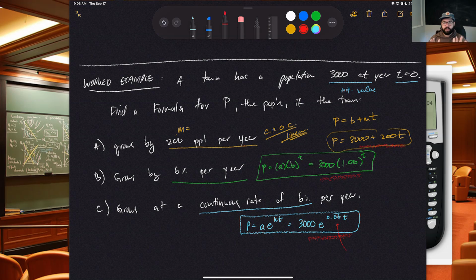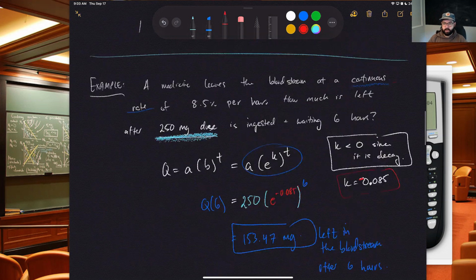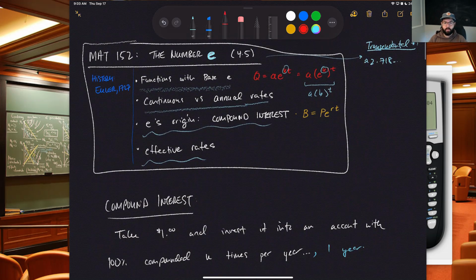So this is the last worked example I wanted to do, so let's make sure that we've got everything that we wanted to do here. So we looked at e's origin, where it comes from, in compound interest with the limit of 100% divided into n compoundings per year. If we do that infinitely many times, we end up at 2.718, which is just kind of crazy that it just lands on this number, right?